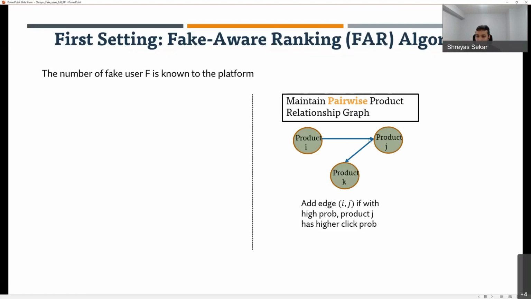The edges represent some sort of a dominance relationship. In particular, I'm going to add an edge between product I and product J, as long as I'm confident that product J is much better than product I. So instead of just maintaining click probabilities, I'm going to maintain a graph which tells you the relationships between the different products. I'll explain why this is important in 1 minute.